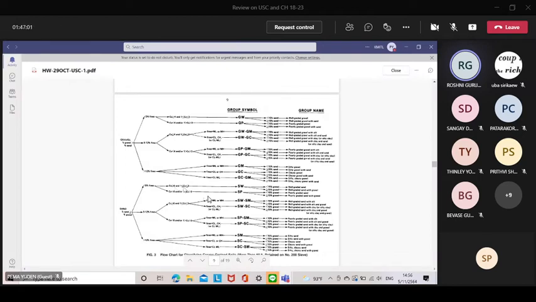And the value of Cc is 1.415. So it is a well graded sand.